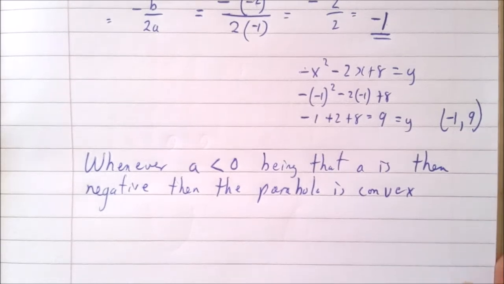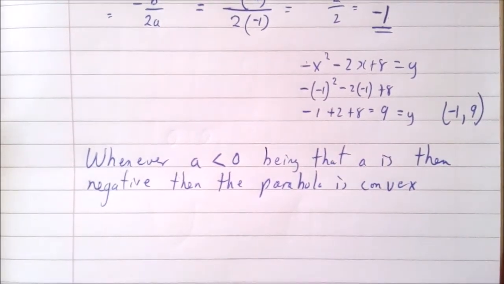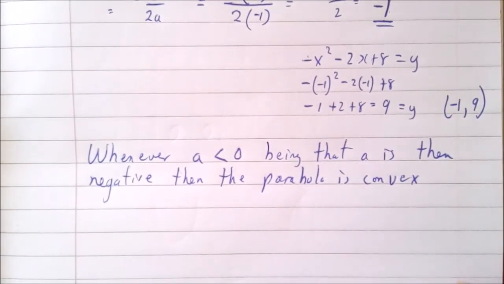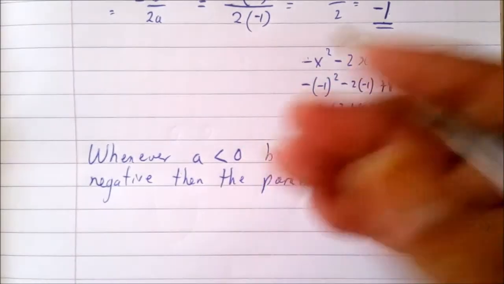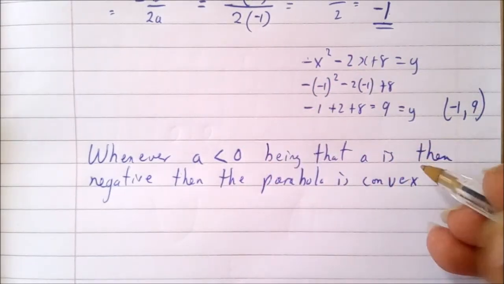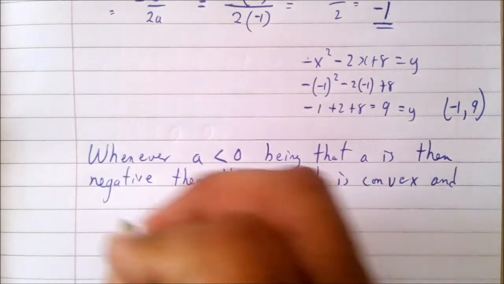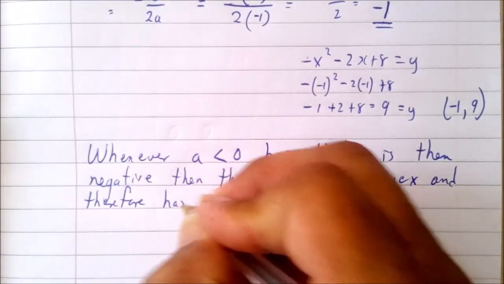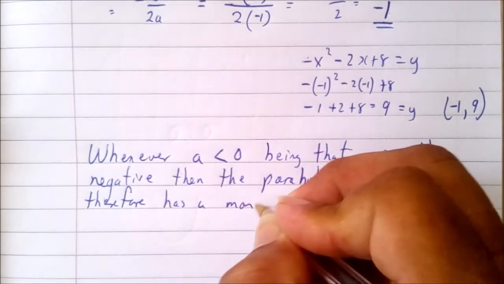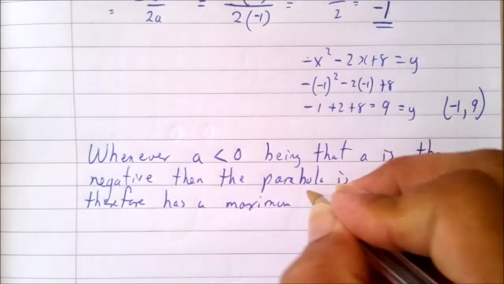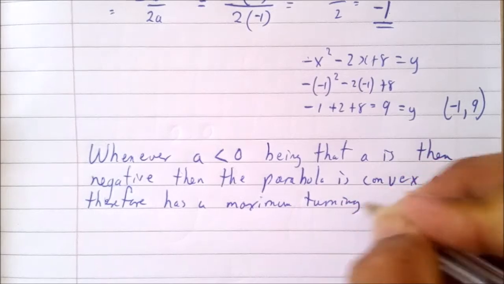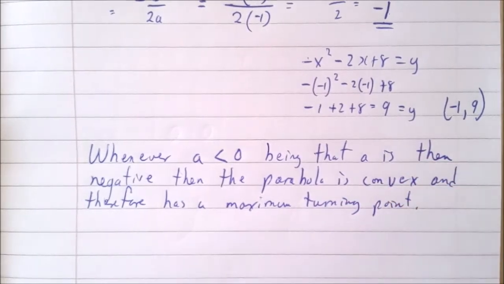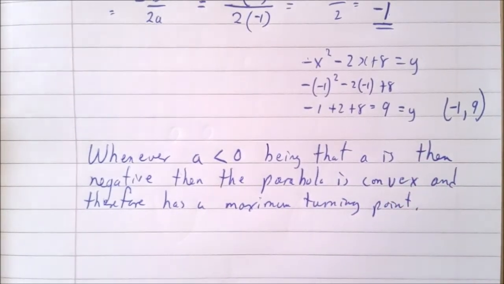I'm going to use the word convex for the science people and also for the normal people, in the sense that convex is what curves, is just the curve, okay, and therefore has a maximum turning point.